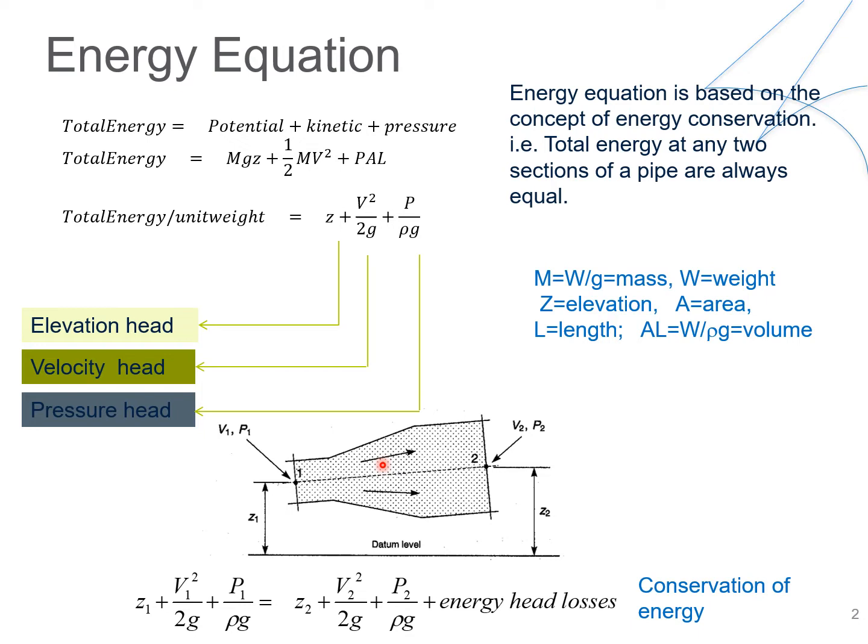And similarly, we may lose the energy when the water flows. There would be some frictional loss, and if we have that, then we need to deduct. So considering there is no loss of energy and there is no addition of energy, then the total energy at section 1 should be the same as in section 2.